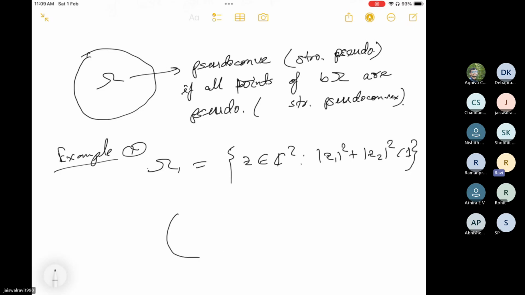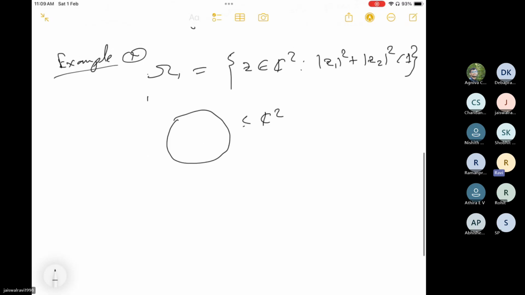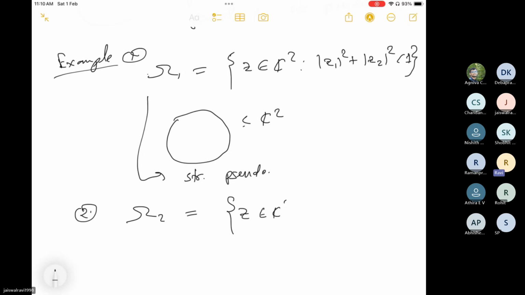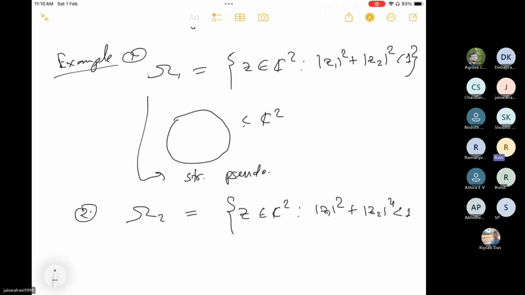So this is a ball in C2. Here you can check that this is strongly pseudoconvex. And the second one, omega 2, is z in C2 such that |z1| squared plus |z2| to the power 4 is less than 1.